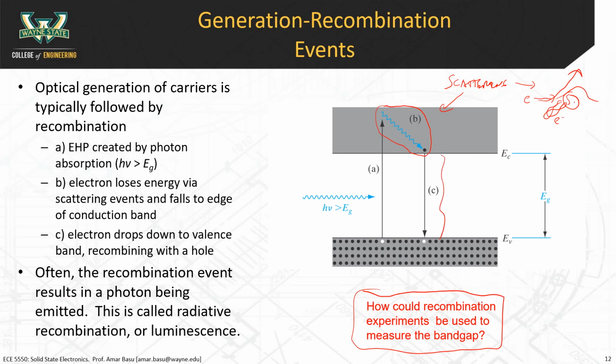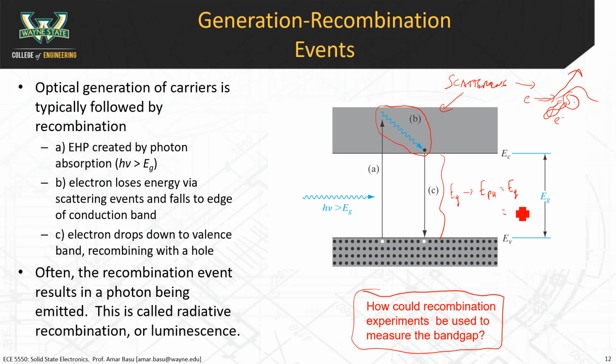If this transition has energy Eg, then it's going to create a photon, and the energy of the photon is also going to be equal to Eg.